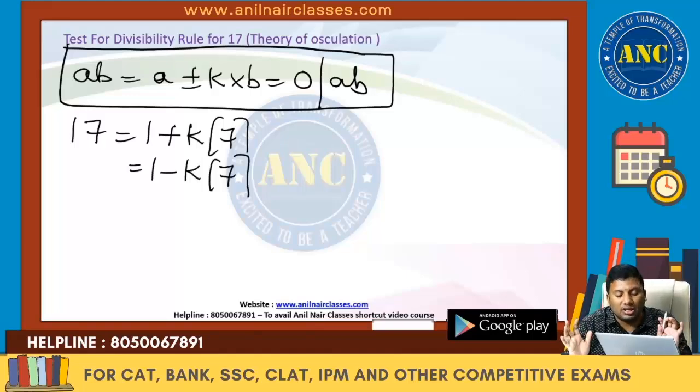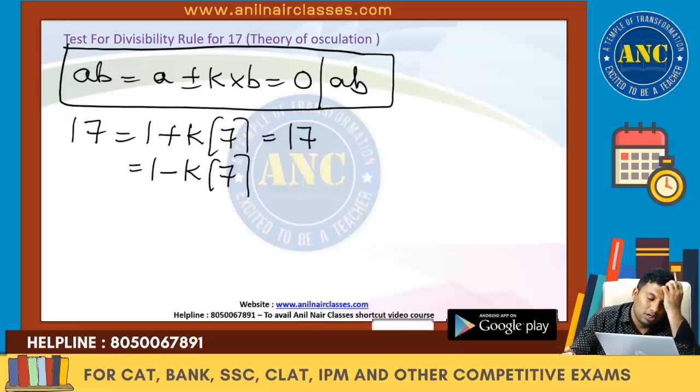Either it should be 0 or a multiple of 17. What should be the value of k? If I take k value 1, 7 plus 1, 8. If I take k value 2, 14 plus 1, 15. k value 3, 21 plus 1, 22. k value 4, 29. k value 5.